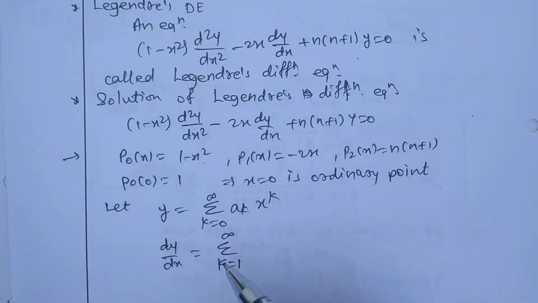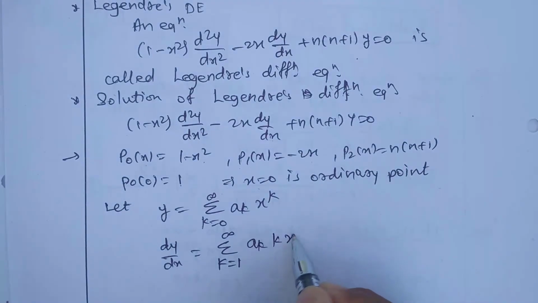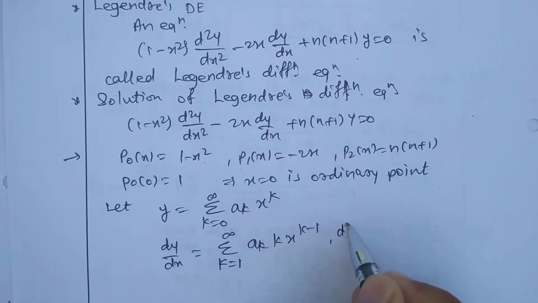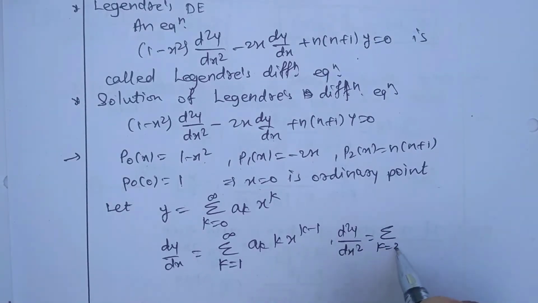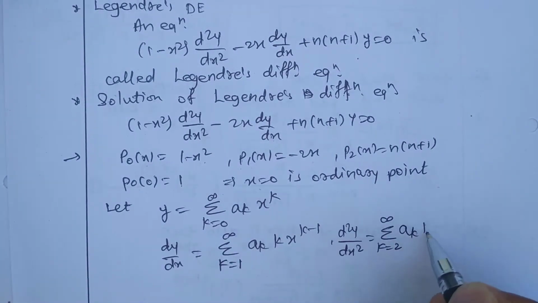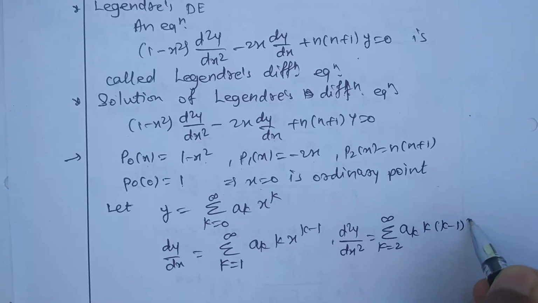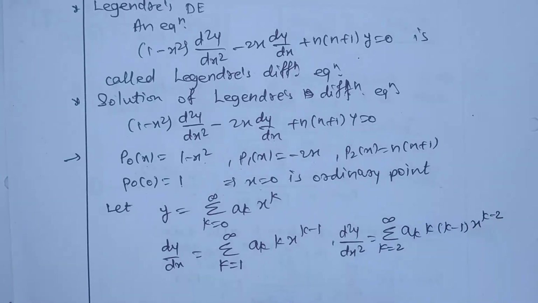So after differentiating, the summation changes: k varies from 1 to infinity ak k x to the k minus 1. And the value of d square y by dx square becomes summation k varies from 2 to infinity ak k into (k minus 1) x to the k minus 2.